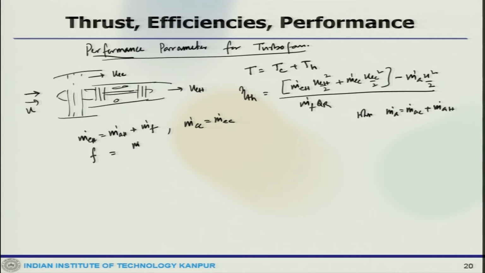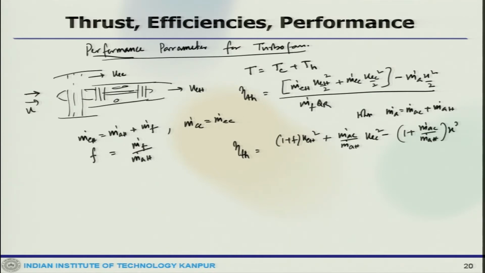So, f would be m dot f by m dot A h. So, we can just write this one 1 plus f square plus m dot A c by m dot A h minus 1 plus U square by 2 f q r.